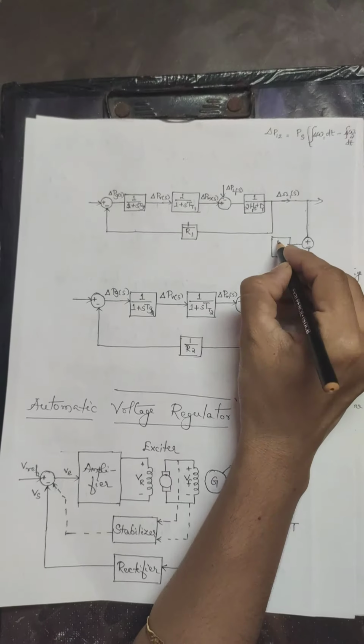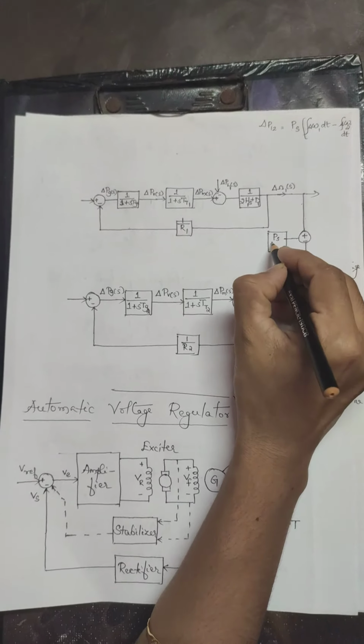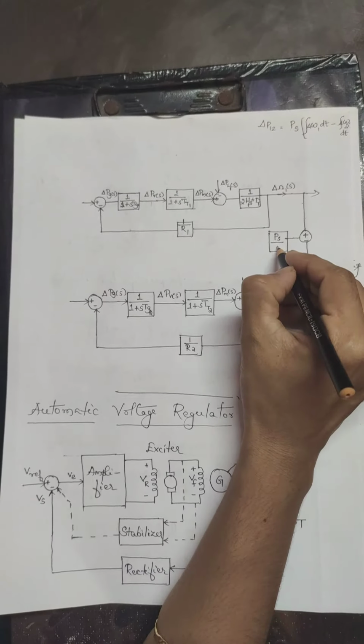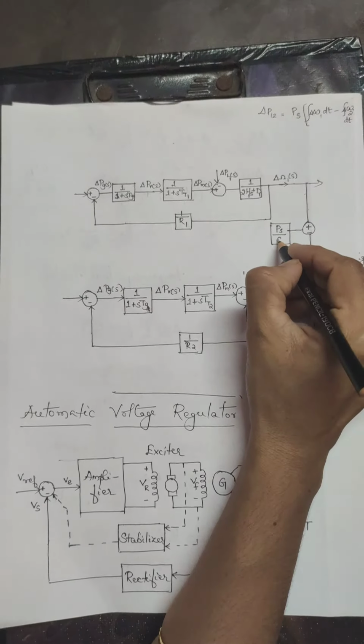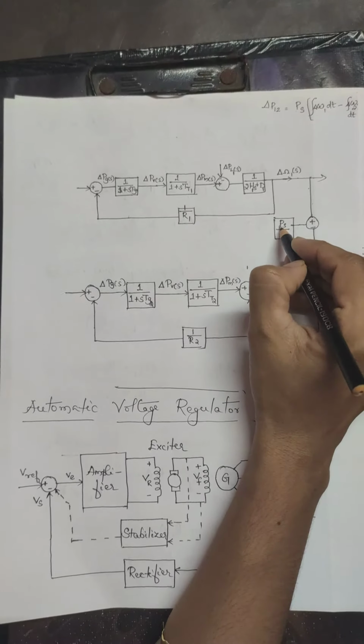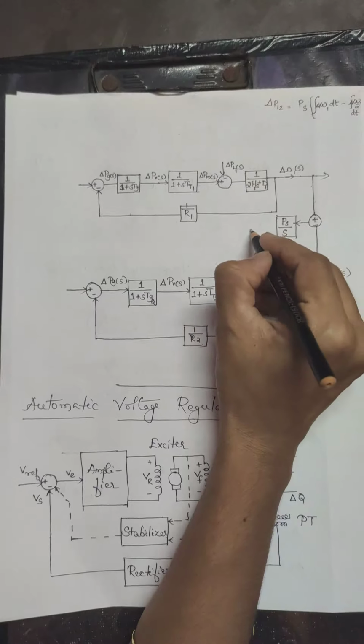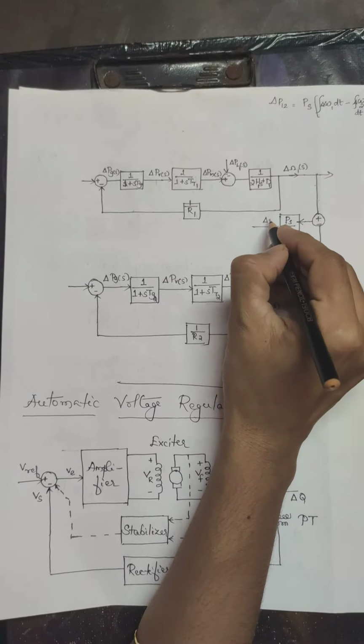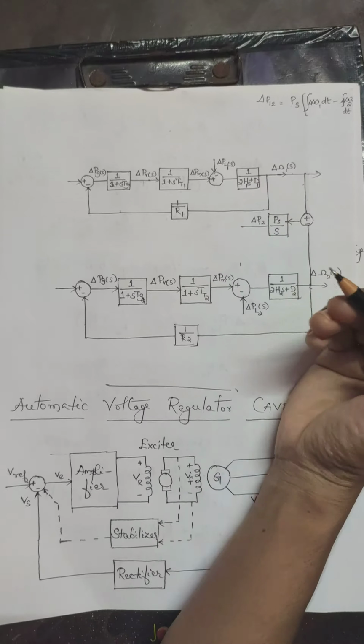So let us add an integrator with a gain Ps, so Ps divided by s. Integrating that term and multiplying it with Ps, the answer will be the tie line power delta P12.